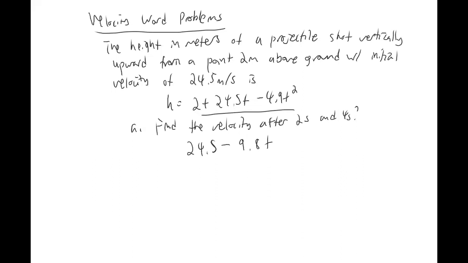So here, what's the velocity after 2 seconds? Well, you plug in 2, right? I'm sorry, I don't know if we need a calculator for this. I didn't really check. But it's going to be 24.5 minus, what is that, 19.6?